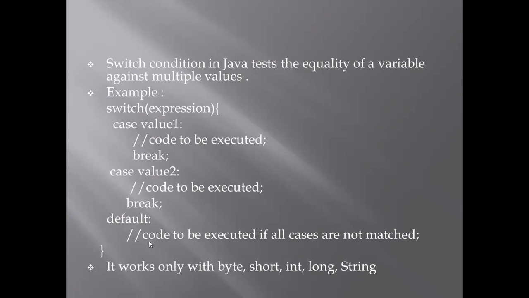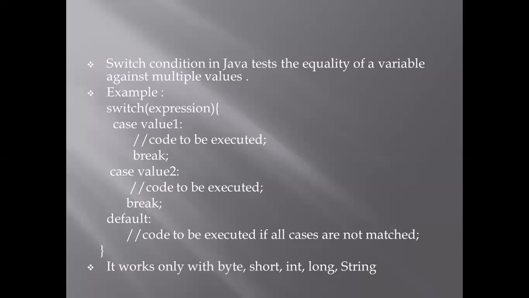So here, for example, we have switch. This is the syntax: the switch keyword, and then brackets, opening and closing. In between these brackets, we put our expression, like the variable that we're going to check its value.